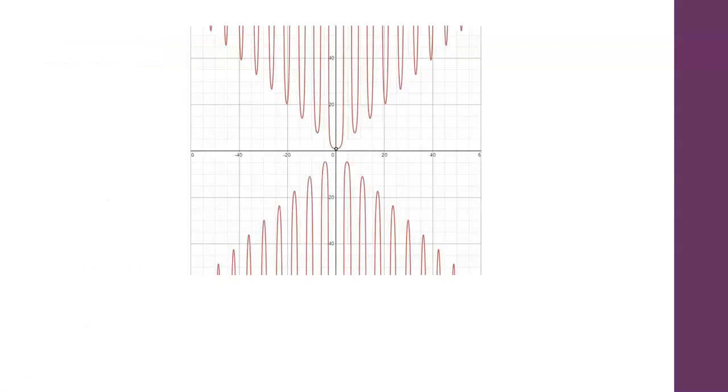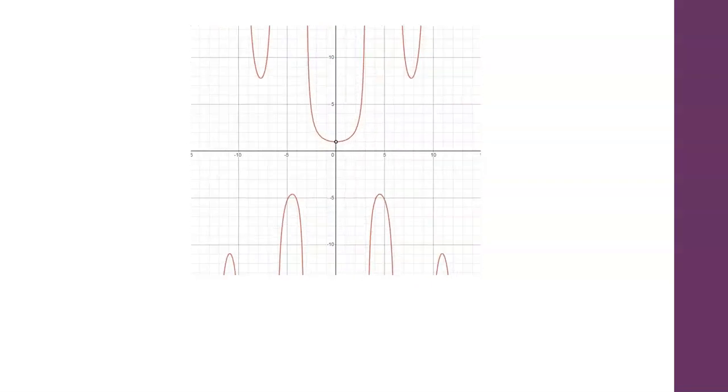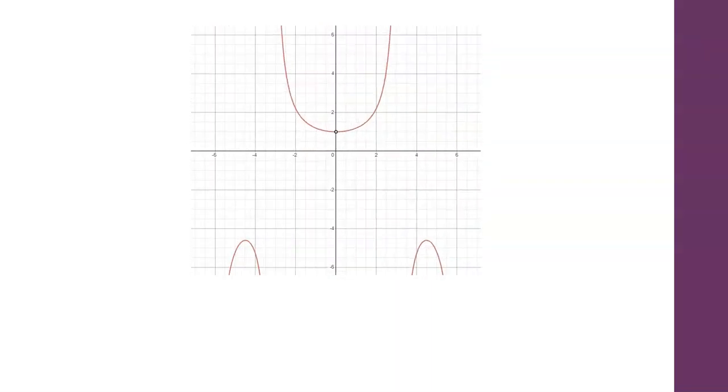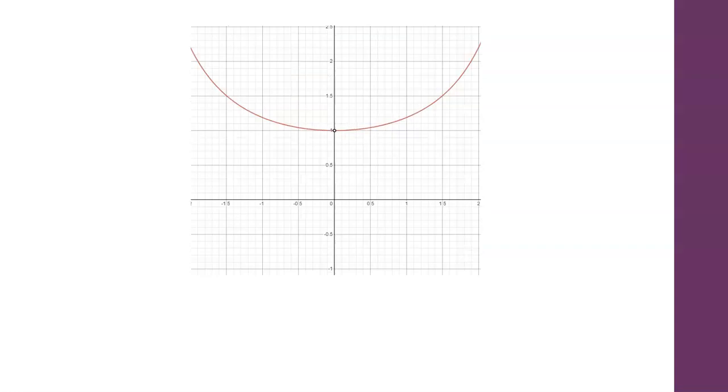So here is the graph of the function that we were looking at, x cosecant of x. And if I now zoom in at 0, the closer my x values get to 0, we'll see that the function is getting closer and closer to being equal to 1.